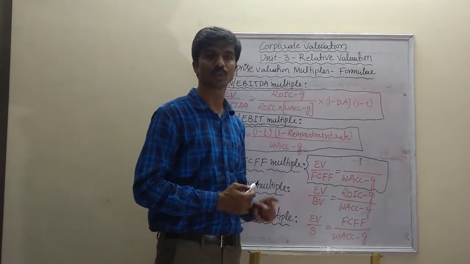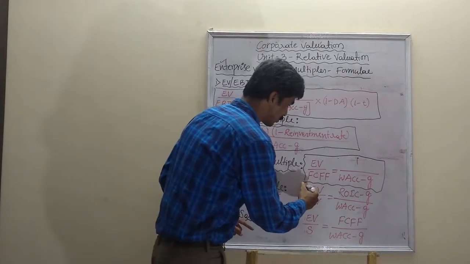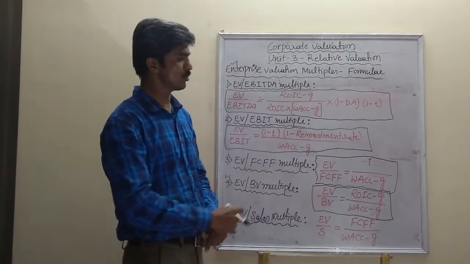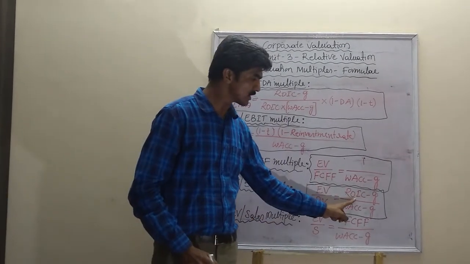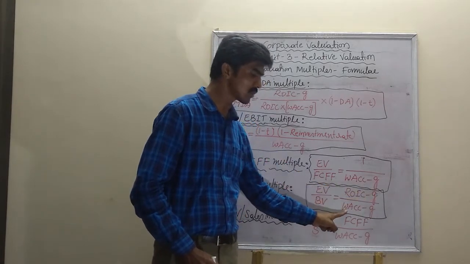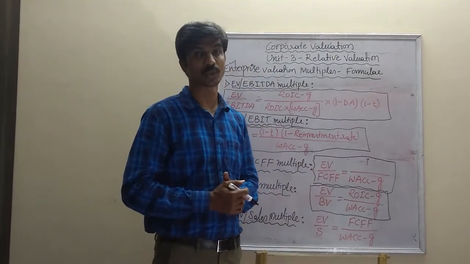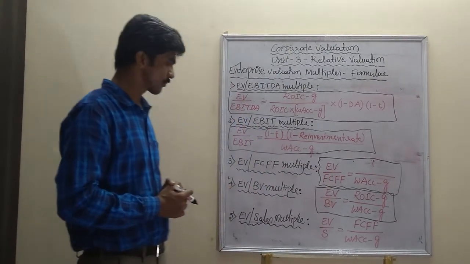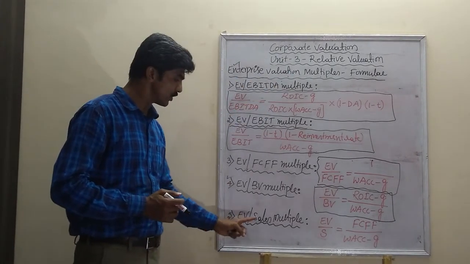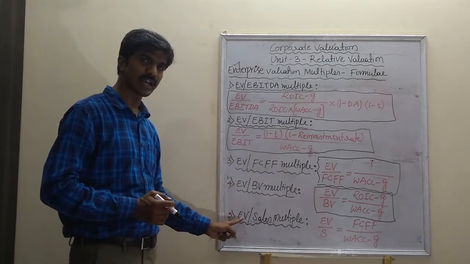Here ROIC stands for return on invested capital, G stands for growth rate in dividends, WACC stands for weighted average cost of capital, and again G stands for growth rate in dividends. The last multiple under enterprise valuation multiples is the EV to sales multiple, wherein EV stands for enterprise value.